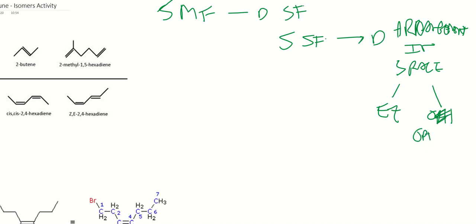Optical. EZ, you need a double bond, and you need to have different groups on both sides of the double bond. And optical, there's actually other ways to do it as well, but for the type that we've studied so far, you need 4 different groups on a carbon. And this exercise is just about spotting whether one of these things would have EZ isomerism or optical isomerism.